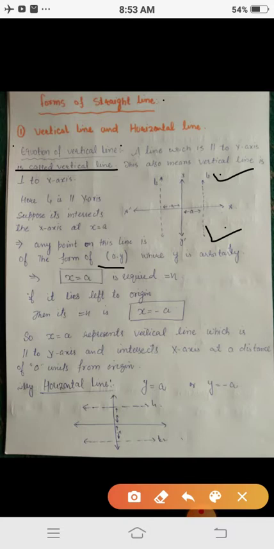Now if this vertical line intersects the x-axis at a distance of a units but on the left side of the origin, then the equation of that line, L2, is given by x equals minus a.